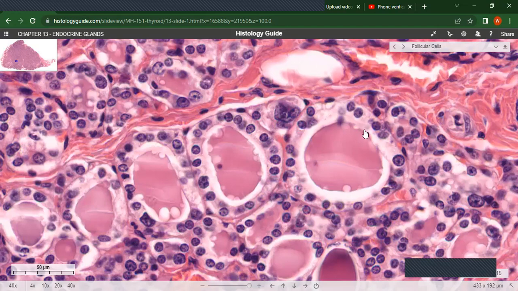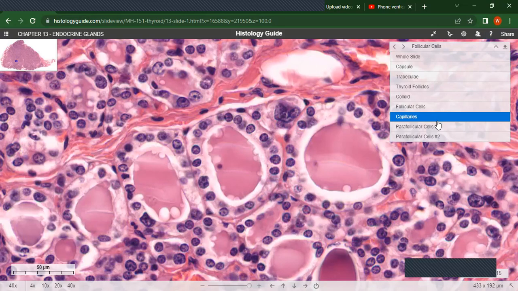So these aren't the only cell types in the thyroid gland. We also have parafollicular cells. Parafollicular cells are like these ones. They do not line the follicular cavity. They are found in the spaces between the follicles. Let me show you a good example of parafollicular cells.